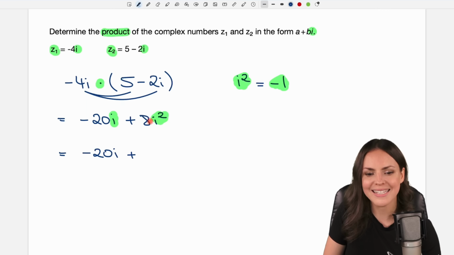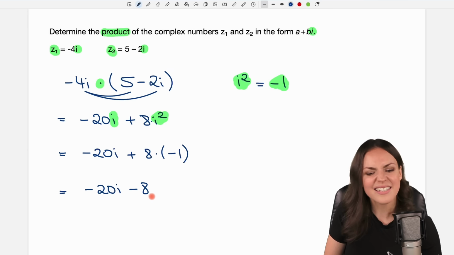And then we have plus 8 times i squared. So 8 times, and instead of the i squared, we are going to write our negative 1. And now we just simplify this a little bit. We have the negative 20i at the beginning, and plus 8 times negative 1 equals negative 8.